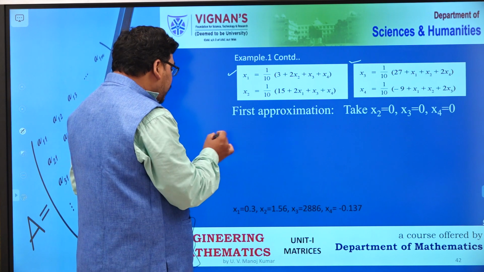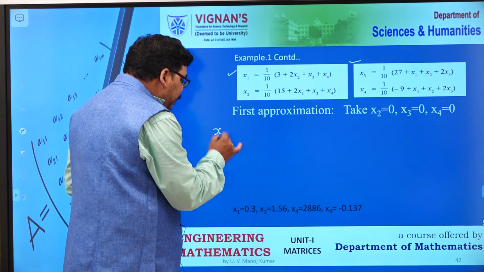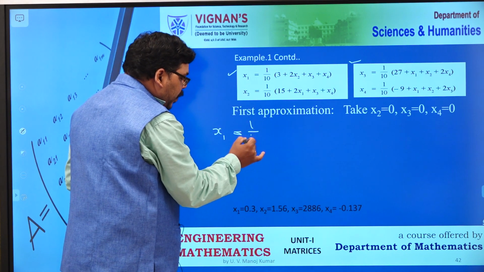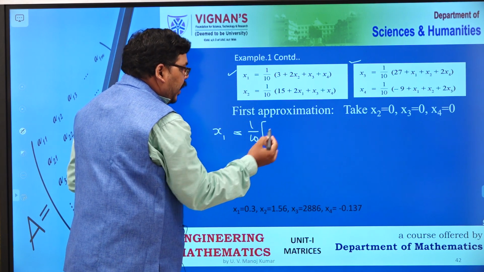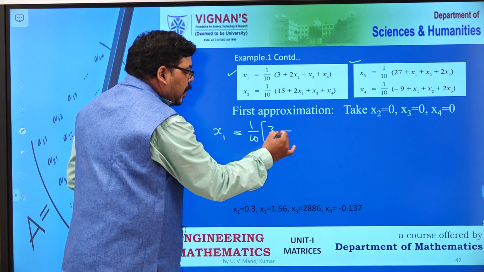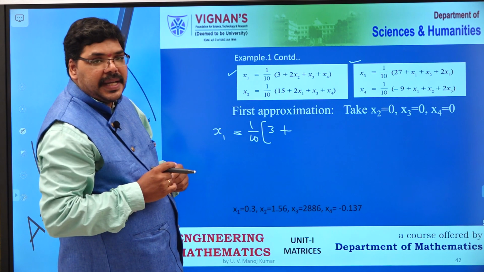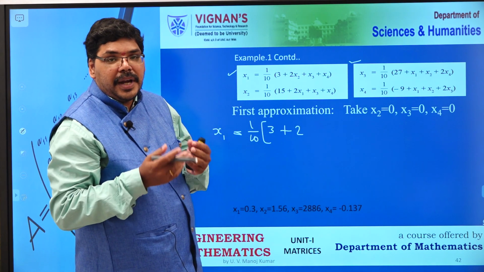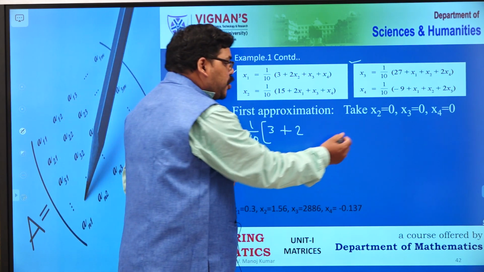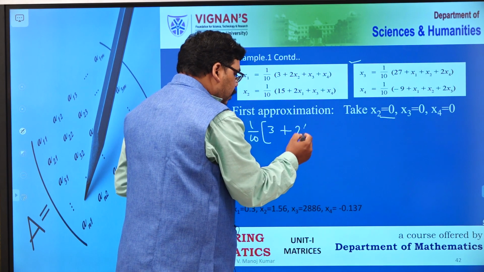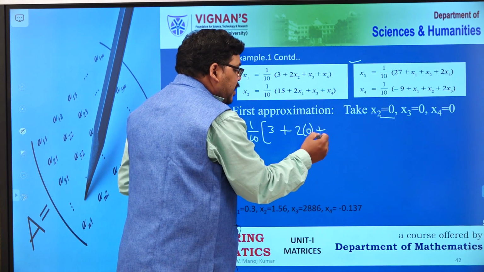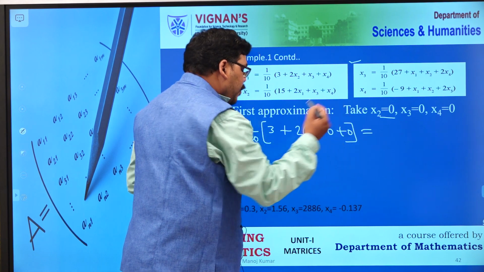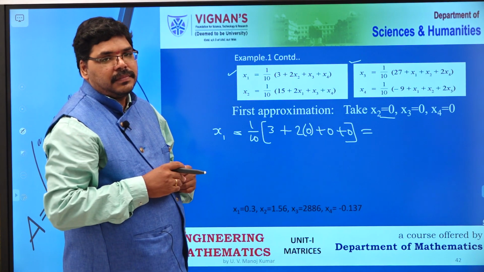For the first approximation, x1 equals 1 by 10 into 3 plus 2 times, what do we have to substitute for x2? What we assumed, x2 is 0, x3 is 0, x4 is 0. So what will I get? 3 by 10.